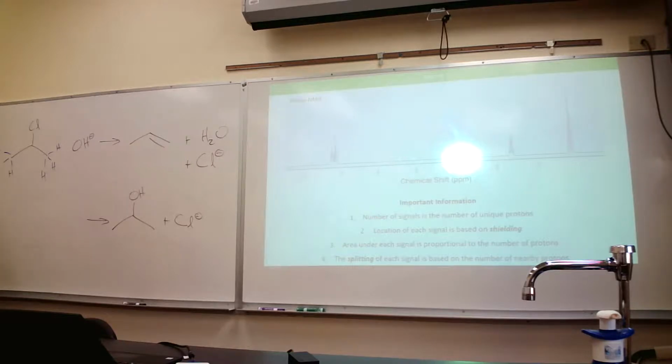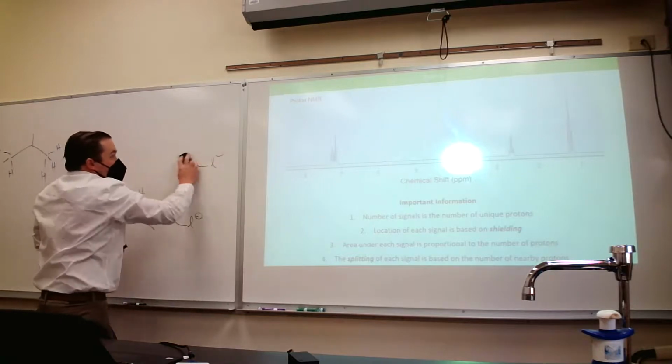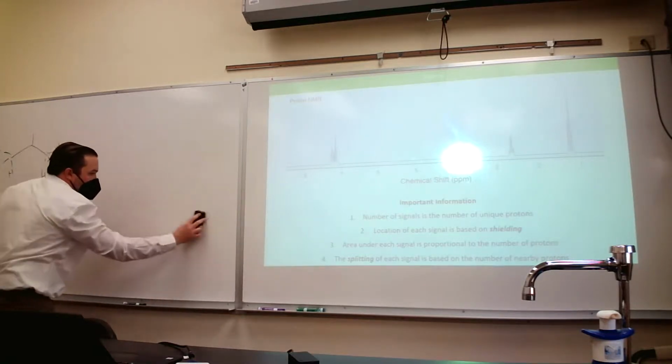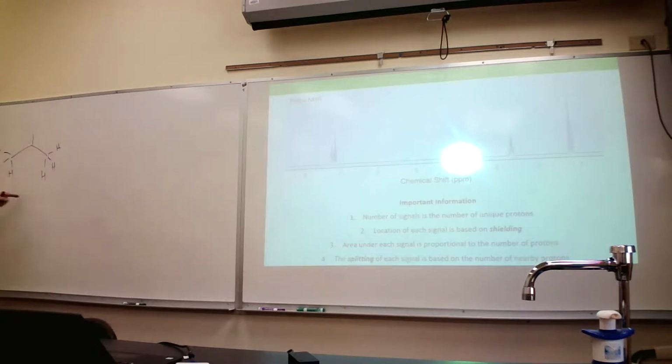We can't tell the difference between them. They would all show up as the same signal on here. We'd only have one peak for all 6 of these hydrogens because they're identical to each other.